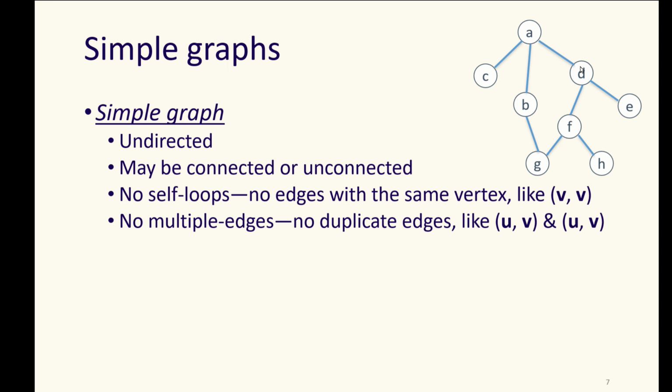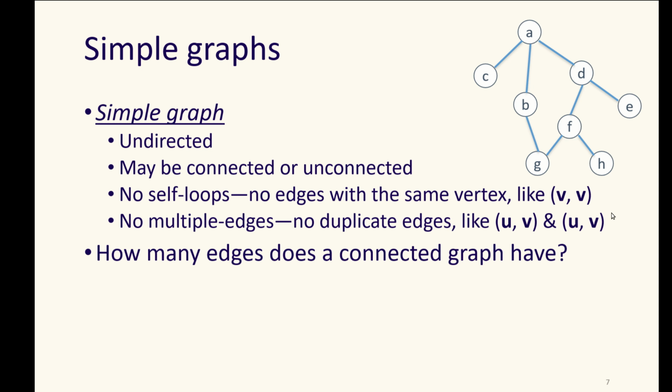And there are no duplicate edges, no multiple edges. We don't have to repeat that A is connected to D and A is connected to D. So we can achieve many of these features of a simple graph, even from a non-simple graph, by doing things like removing self-loops, finding them and removing them, or removing any duplicate edges as well.